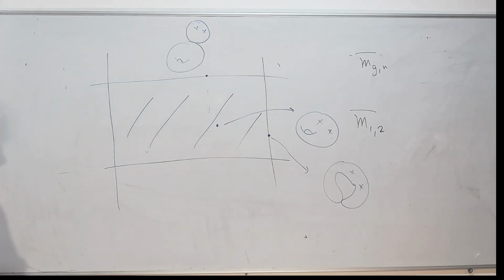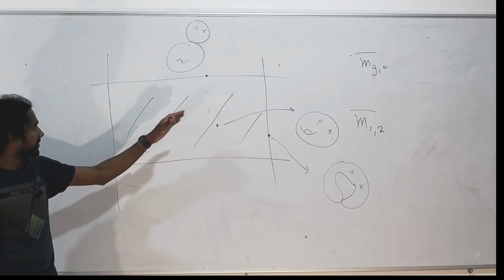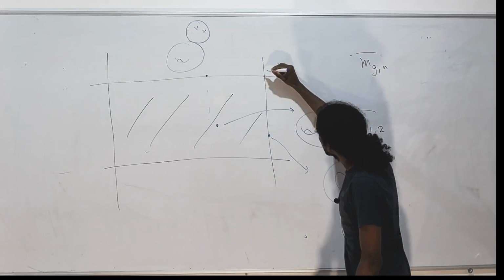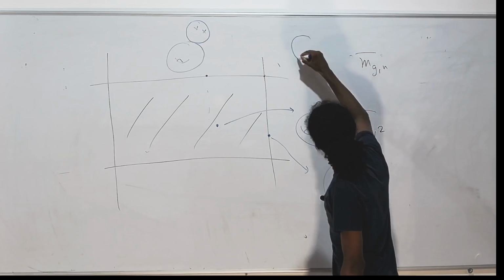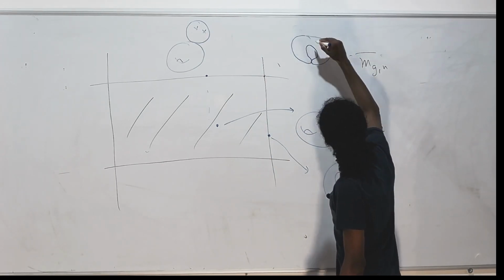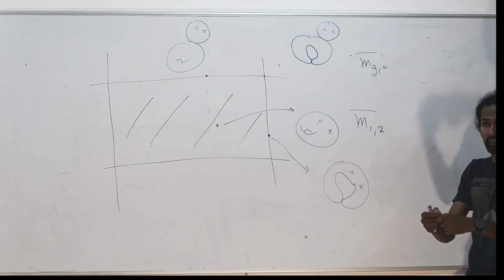Actually, these are codimension 1. And if I go in codimension 2, both of these things can happen. So this point here is going to be, okay, I pinch a cycle and I bring them together. Looks like that.